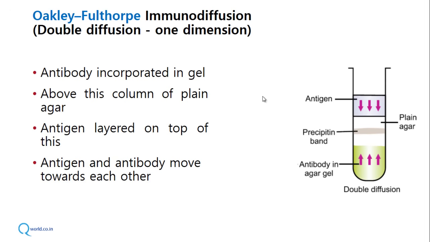Now what will happen, that antigen and antibody both will move towards each other, and that will create a precipitant band within the plain agar column. So both things are moving, antigen as well as antibody, so we call it a double diffusion. But movements are only vertical, only in one axis. That's why we call it one dimension.